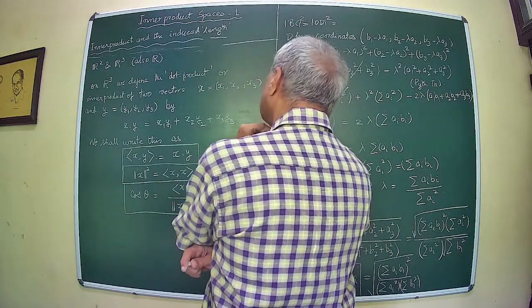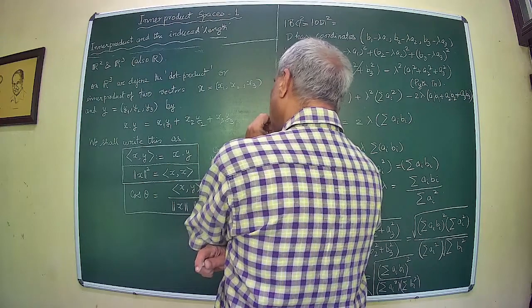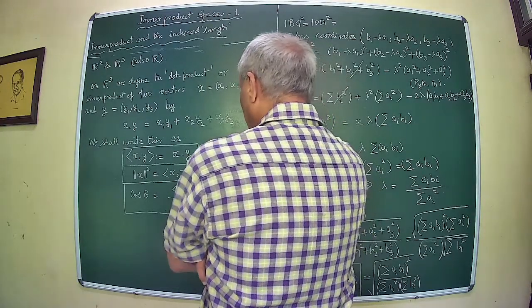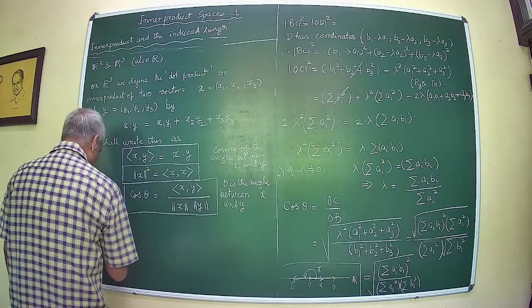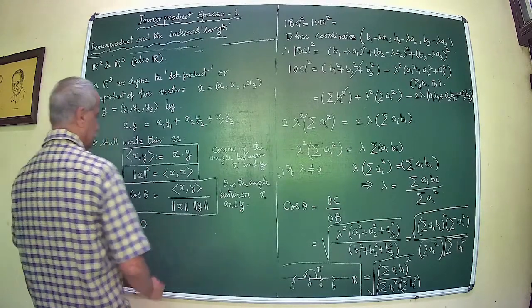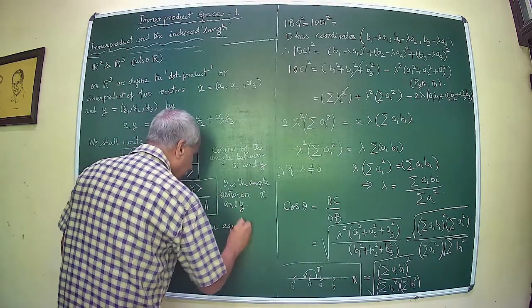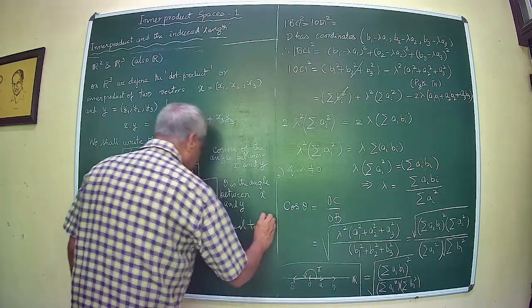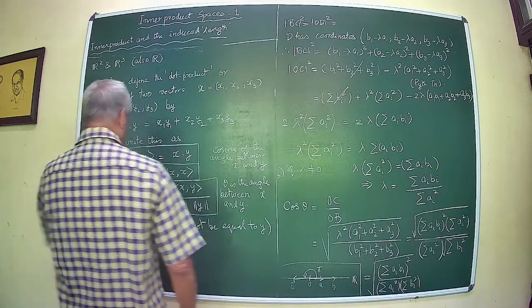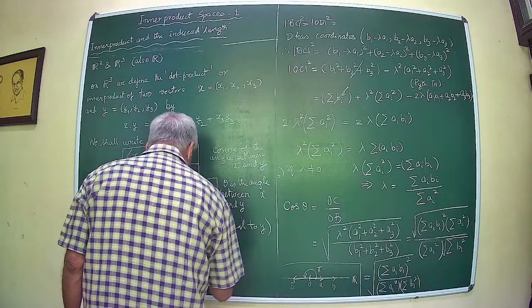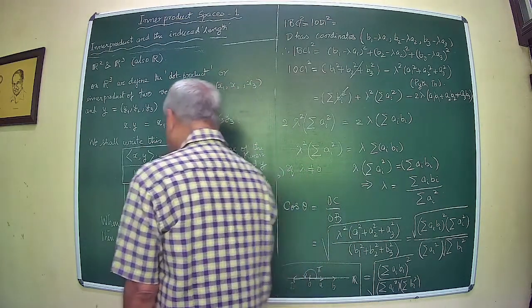If x is equal to y, then theta is equal to 0, and then you get the inner product of x with y equal to the squared norm. When the inner product is zero, x may not be equal to y, by which you mean that then x is a scalar multiple of y.